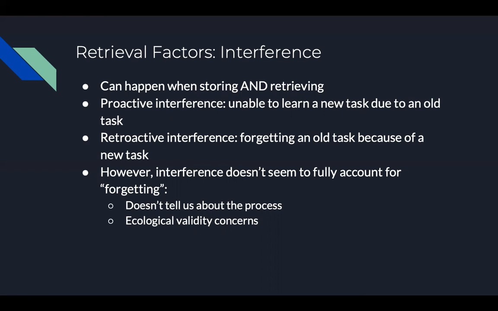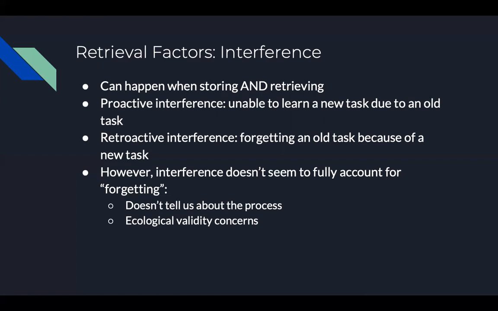So we can't just say that interference is the only thing that's happening. One reason why interference theory is not the best as a standalone explanation of forgetting is that it doesn't tell us very much about the cognitive processes that are involved in forgetting. It seems to be rather simplistic.